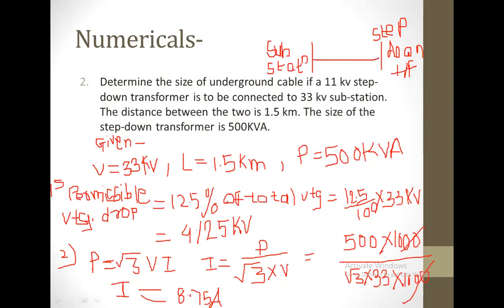The distance between these two is 1.5 kilometers. So the step down transformer is connected here. We have to find the conductor size in between. So which voltage level will you consider now?